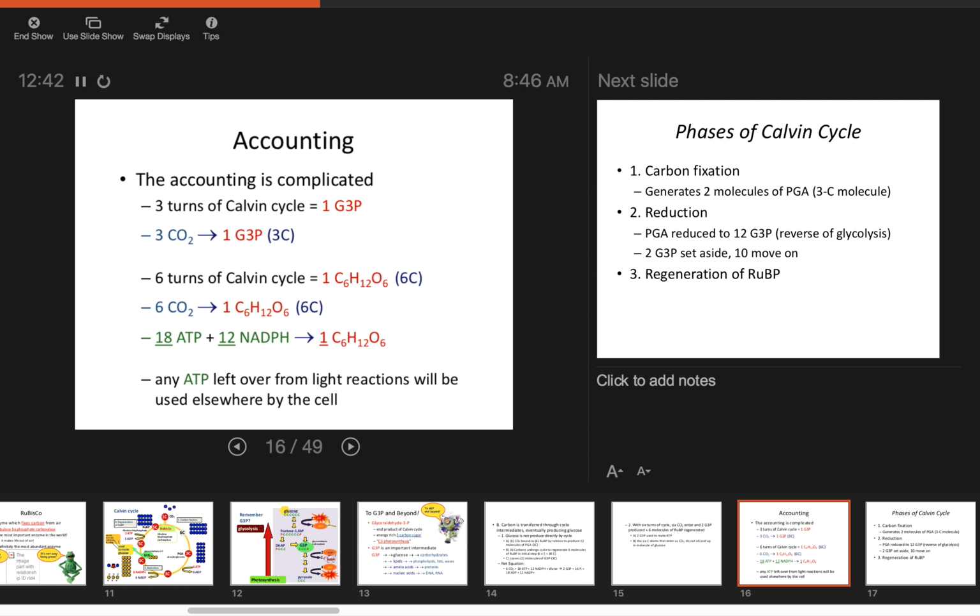So it just depends on how you look at it. But eventually, it is 18 ATP and 12 NADPH for one glucose molecule. If there is any ATP left over, it just gets used by the cell elsewhere, to move things. This is just saying for sure 18, and then anything left over goes elsewhere.